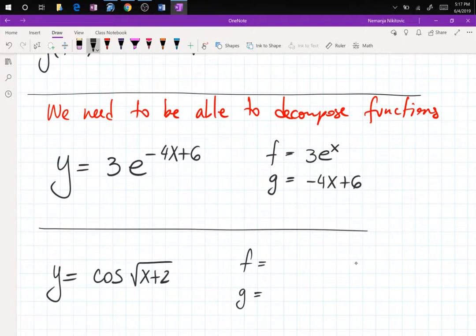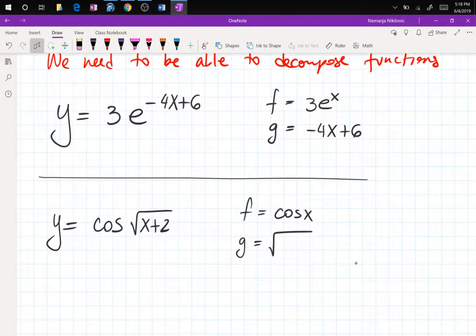Okay. And what else? What else? Ah, it looks like this one has another layer, huh?